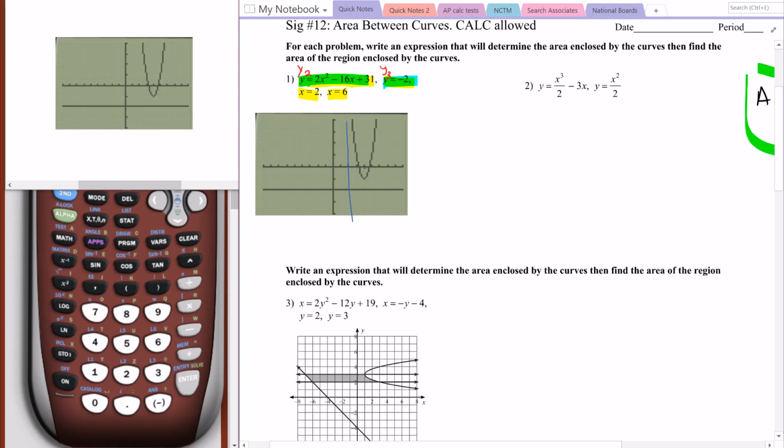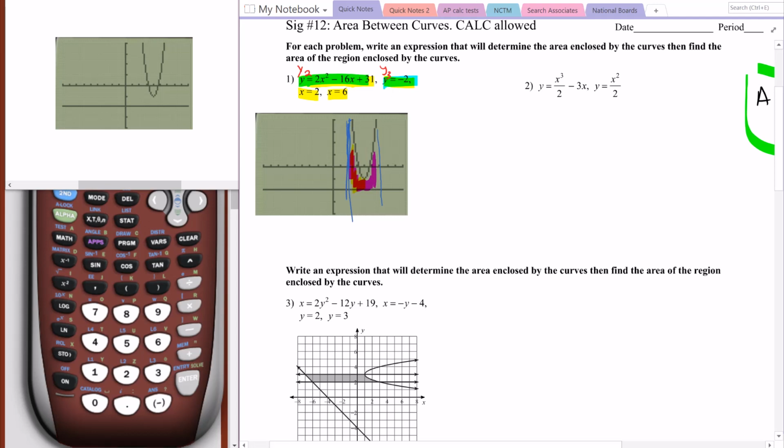So 1, 2, 3, 4, 5, 6, I believe. We're being asked to find the area between these curves, so basically all of this area. This one connects somewhere up there. I'm trying to find that area.